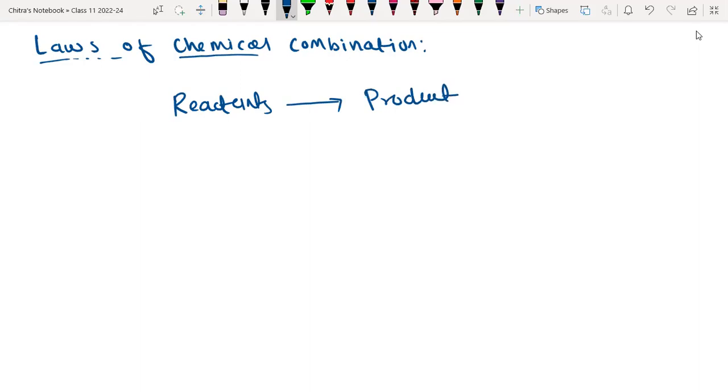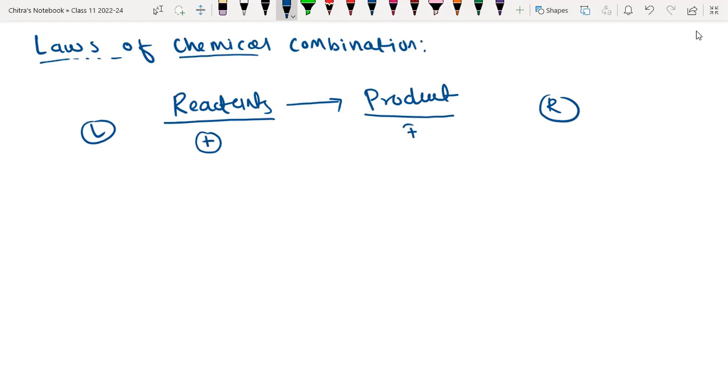In the previous standard you already went through how to write a chemical reaction. On the extreme left-hand side we write the reactants, and on the extreme right-hand side we write the products. If we have more than one reactant, we separate them by a positive sign.